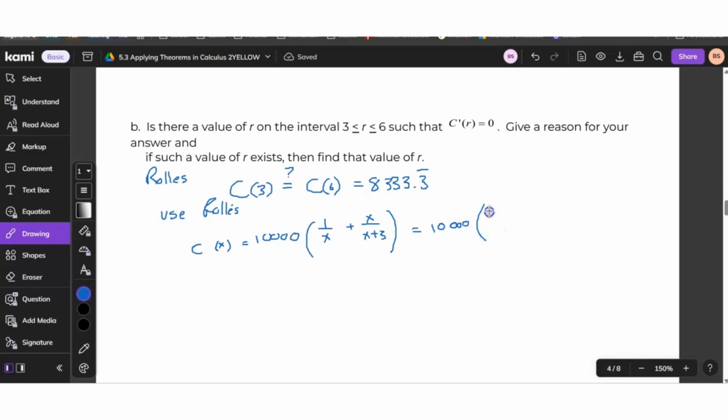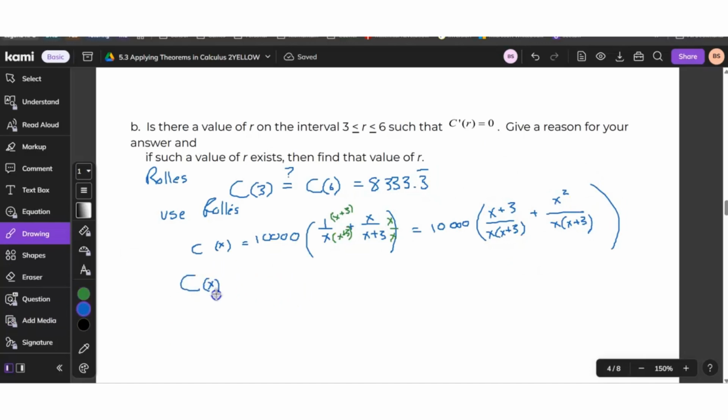It'll be 10,000 times x plus 3 plus x squared, both over x times x plus 3. Because 1 over x needs to be multiplied by x plus 3 over x plus 3, and I need to multiply this one by x over x, so I'll have a common denominator of x times x plus 3. That's how I did it.